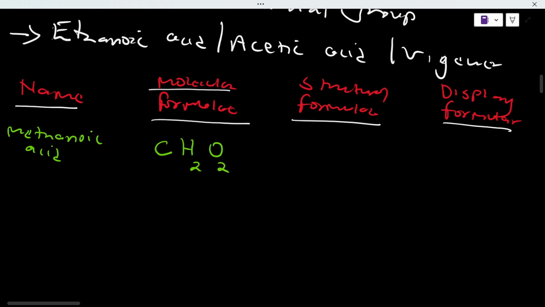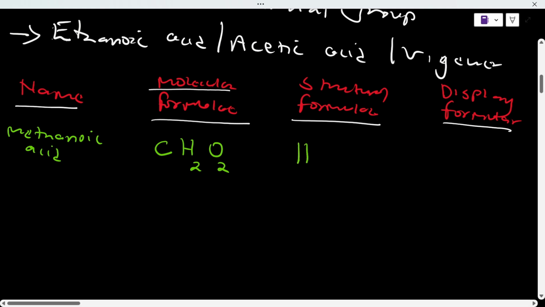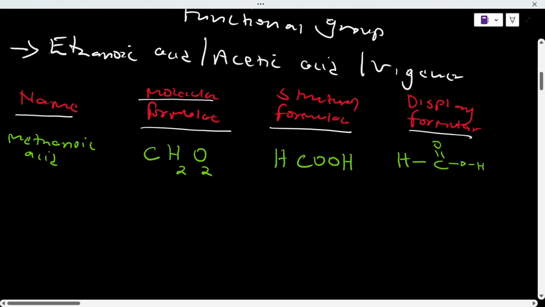Then structurally, we write it as HCOOH. And in the displayed form, you're going to have an H that is bonded to a C. The C has a double bond with oxygen and is bonded to an O, that is bonded to an H. That's methanoic acid.